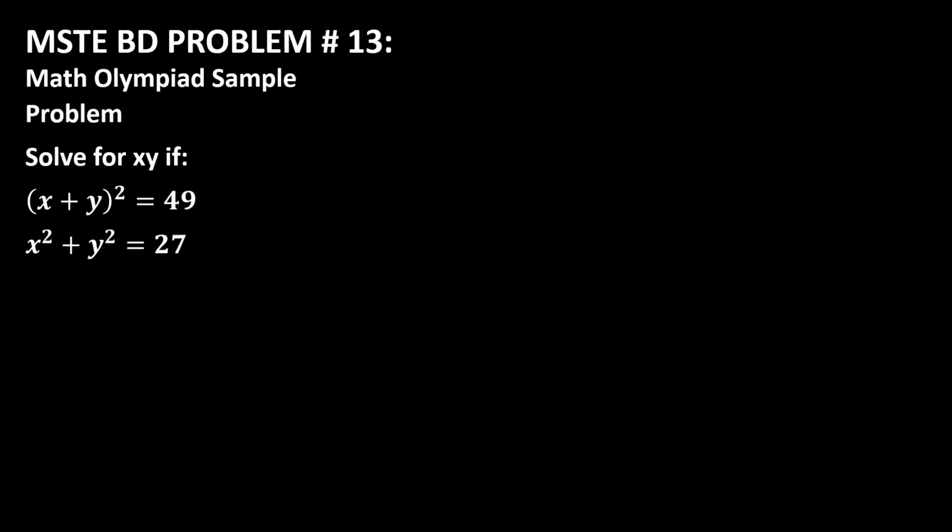In this situation, we need to calculate or solve for the value of xy, given two simultaneous equations: the square of binomial x plus y is equal to 49, and our second equation is x squared plus y squared equals 27.